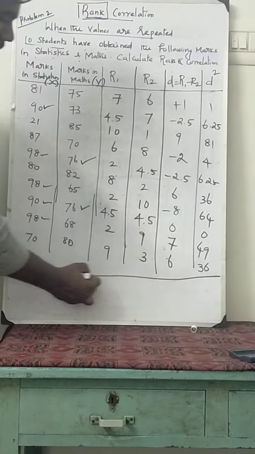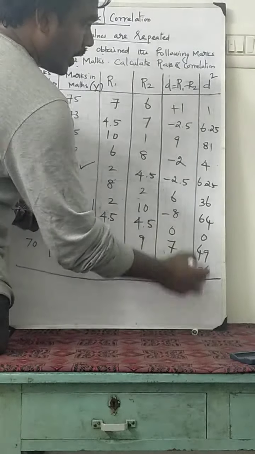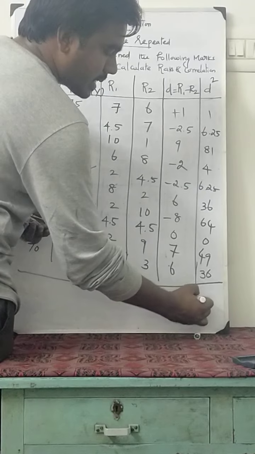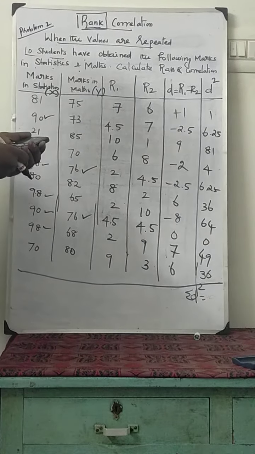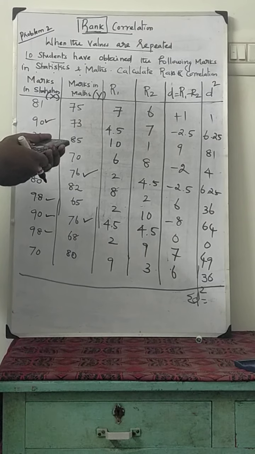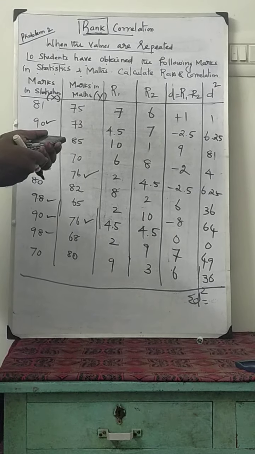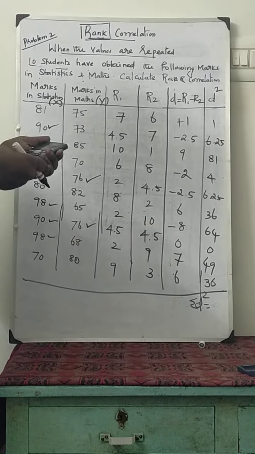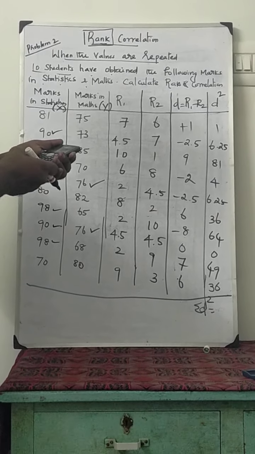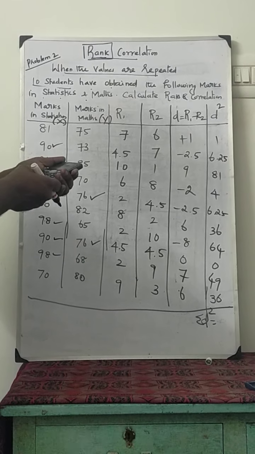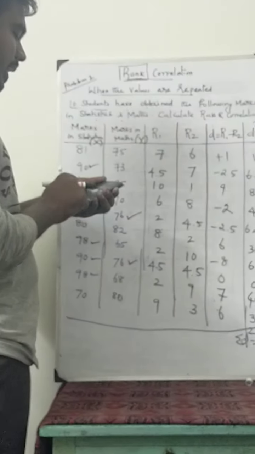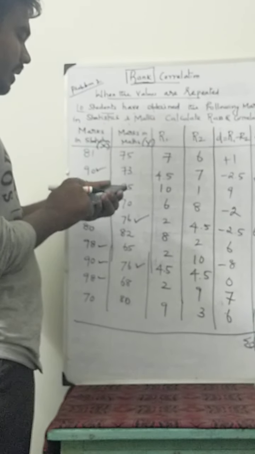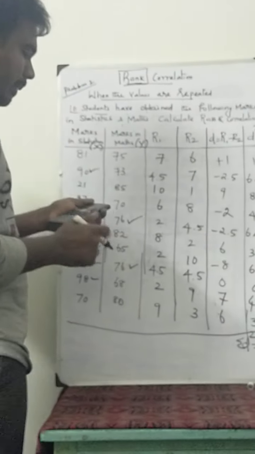Now we need the total of the last column, that is called sigma D square. So total this: 1 plus 6.25 plus 81 plus 4 plus 6.25 plus 36 plus 64 plus 49 plus 36. So 283.5.